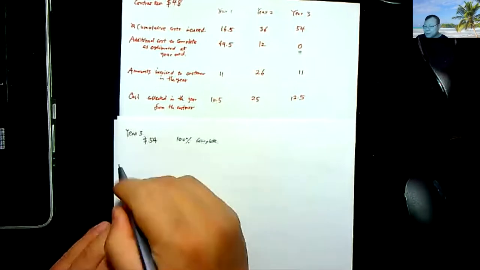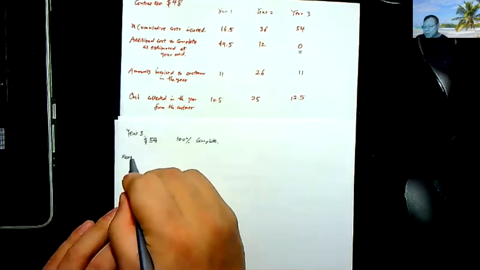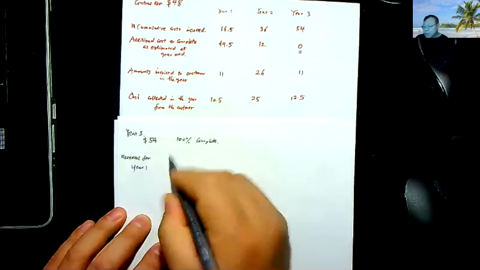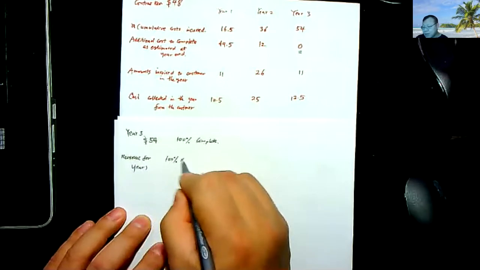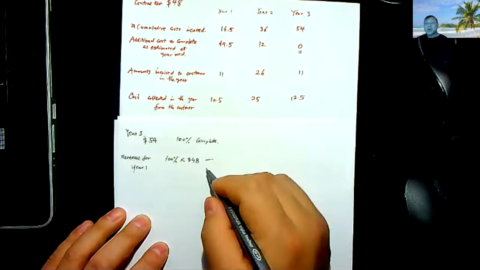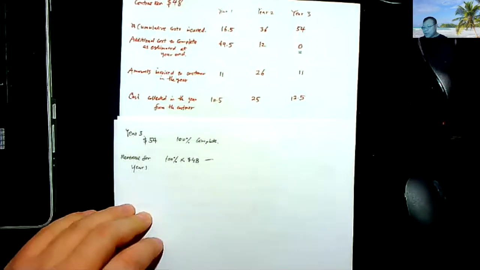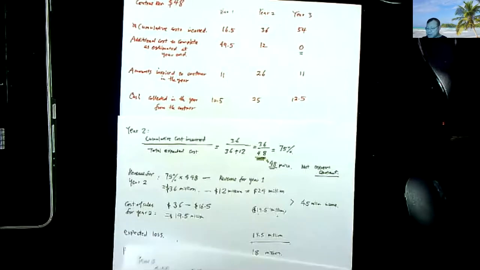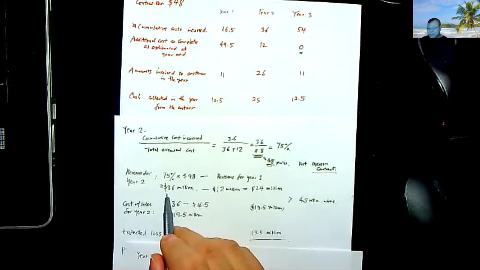So the revenue for year three: 100% times 48 million minus the cumulative revenue recognized by the end of year two, right? We know that number. That number is 36 million.